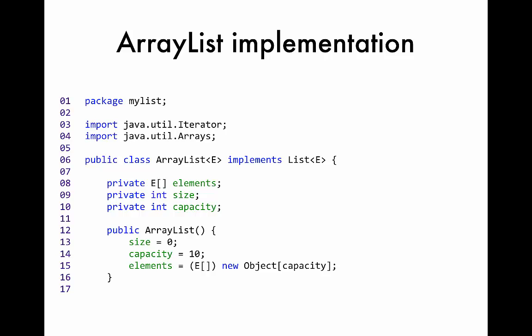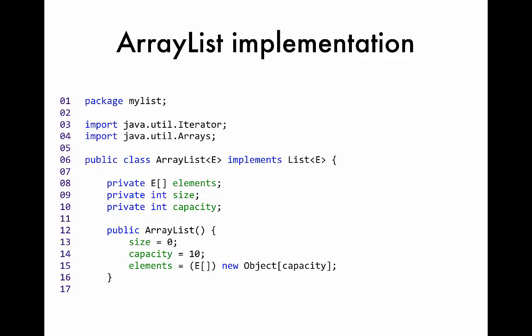Lines 8 through 10 are the fields of our class. Sometimes these are collectively called the representation, because this is what we're using behind the scenes to represent the list. I say behind the scenes because all of this is hidden from the user. And we intended to hide it.